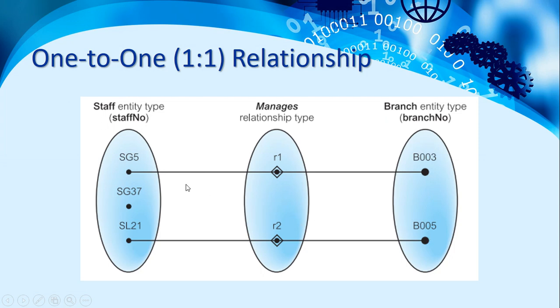So baka malito kayo bakit staff number, just for simplicity lang to. So this is how you're going to do this in a semantic net model for analyzing relationships.